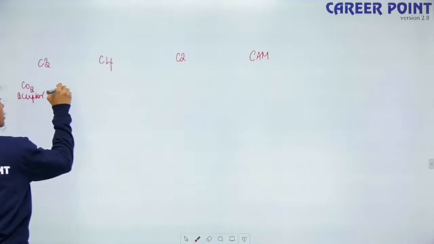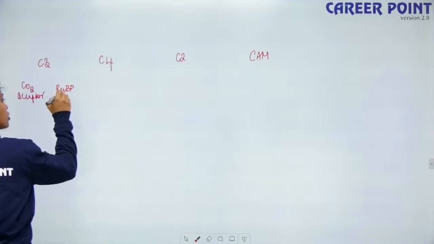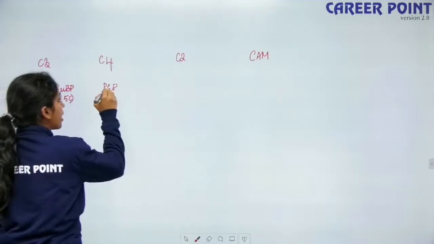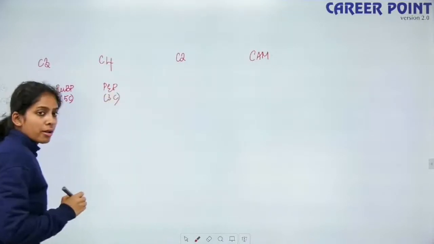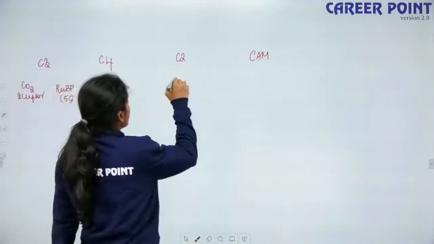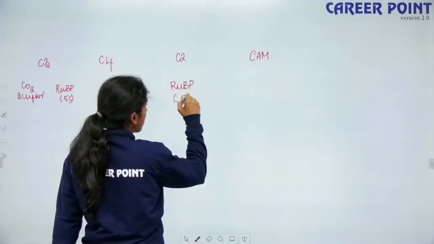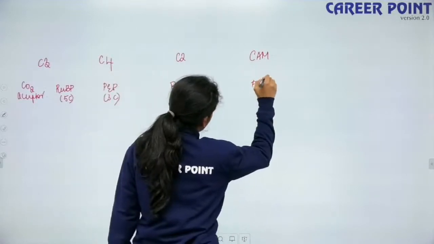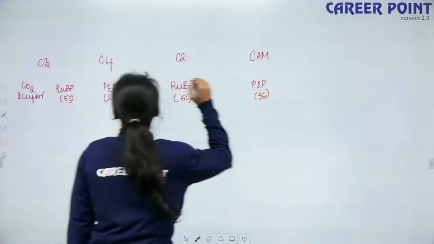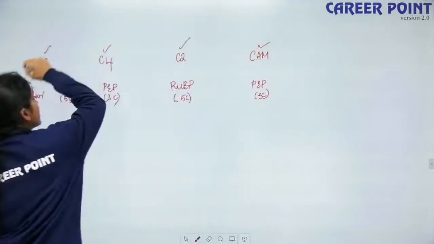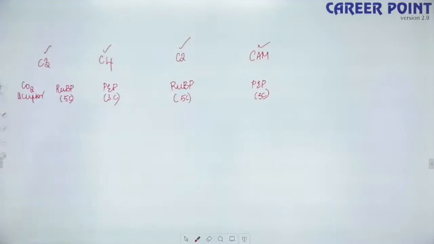Here the carbon dioxide acceptor is RuBP, which is a 5-carbon compound. Here it is PEP, phosphoenolpyruvate, which is a 3-carbon compound. For C2, again your acceptor is RuBP, a 5-carbon compound. Here it is again PEP, a 3-carbon compound. So C4 and CAM plants are almost the same, and C2 and C3 cycles are almost the same, right?